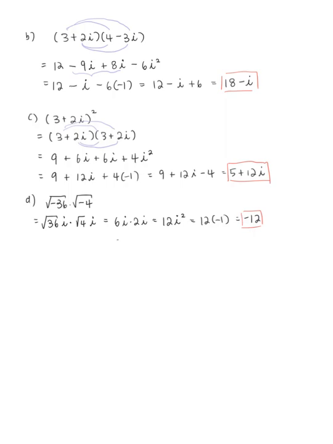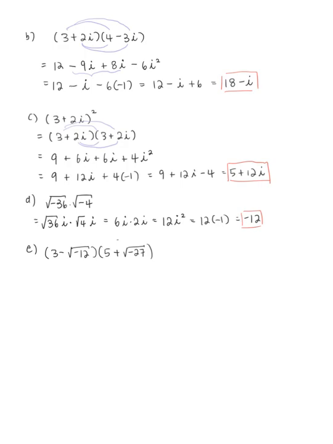Okay, so I'm trying to do all different kinds of multiplication involving complex numbers. So let's try something like this now. So we got 3 minus square root of negative 12, multiplying that by 5 plus square root of negative 27. Okay, so again, take one step at a time.